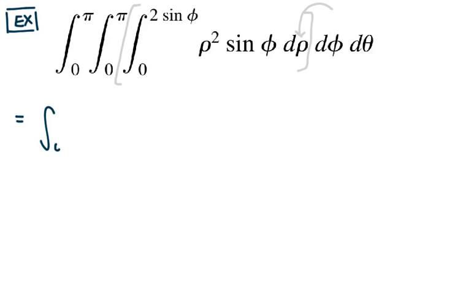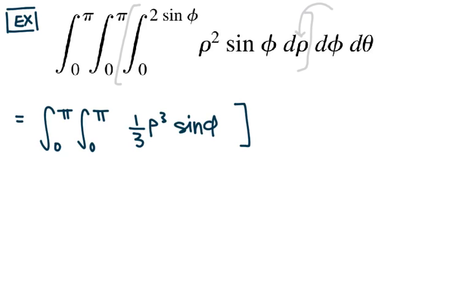Looking at this first integral, we're integrating with respect to rho. So now I have 0 to pi, 0 to pi, and rho squared becomes 1/3 rho cubed, and of course sine of phi is just a constant, so we need to evaluate this from rho equals 0 to rho equals 2 sine phi, and then we'll have d phi, d theta.